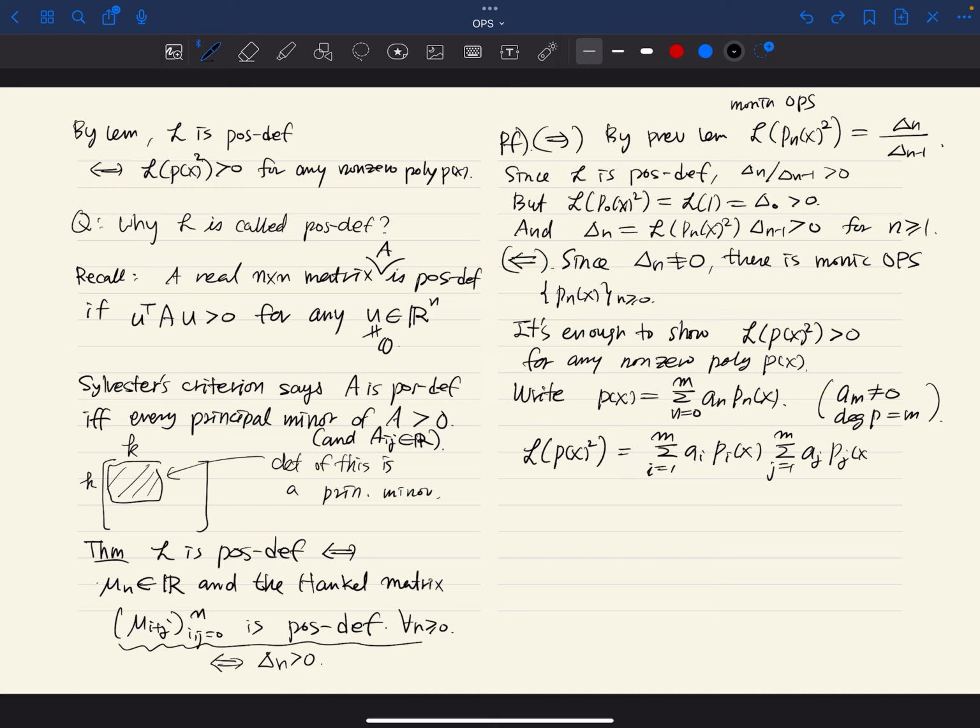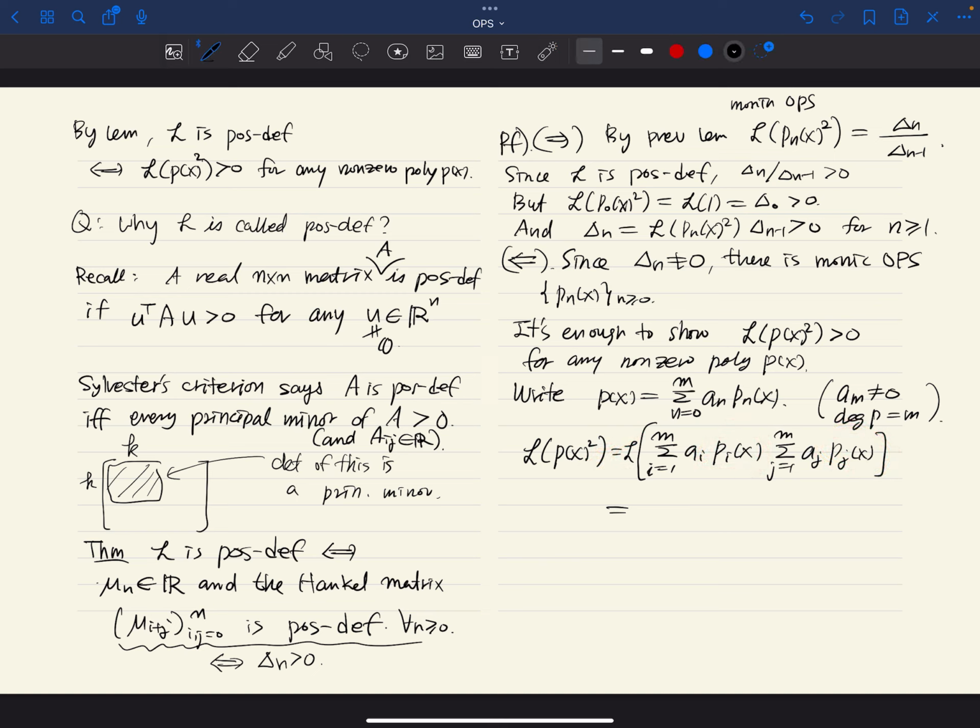Right? But then, by the linearity, you can just pull this all outside. And if these two are multiplied, and then if you take the linear functional, they will be 0 unless these two indices are equal.